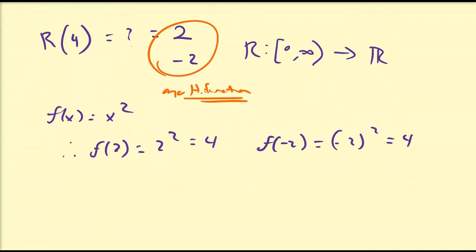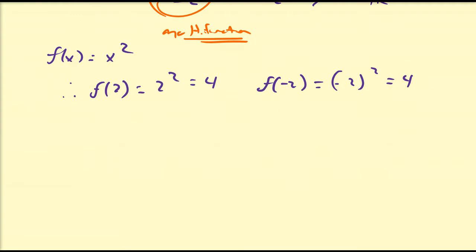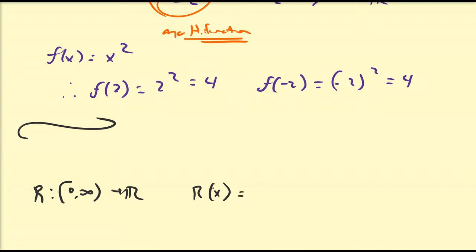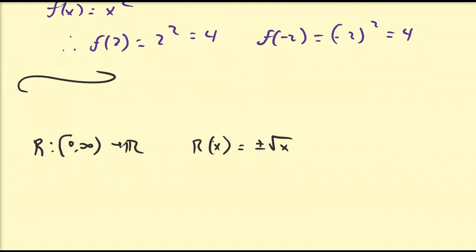And for this particular example, it's very easy to define it, right? So we can define r, which sends 0 to infinity to R, in the way such that r of x is going to be equal to plus or minus the square root of x, right? So it's going to be both of the roots of that particular number.